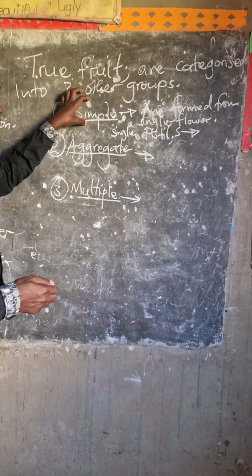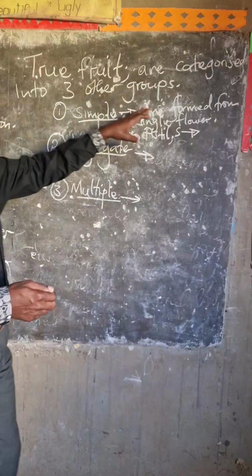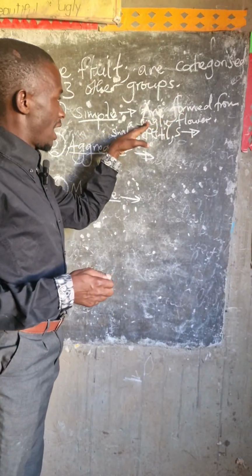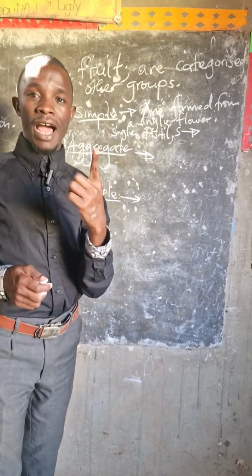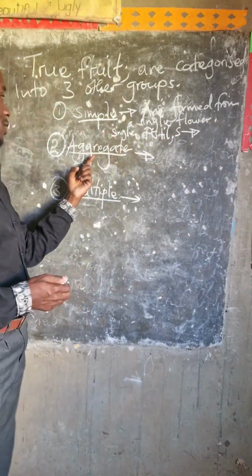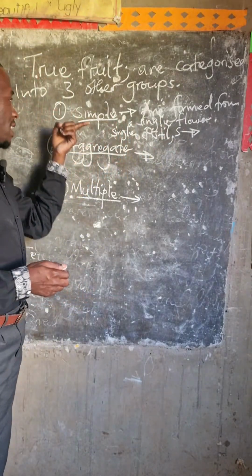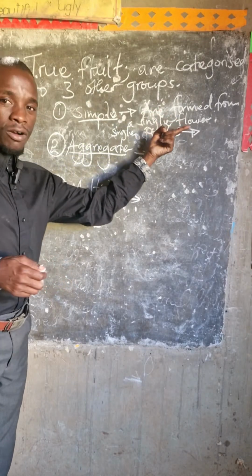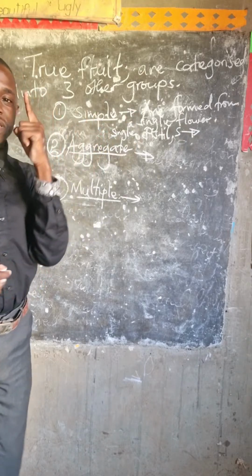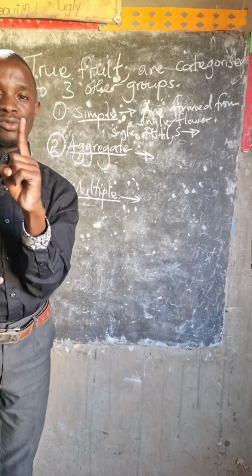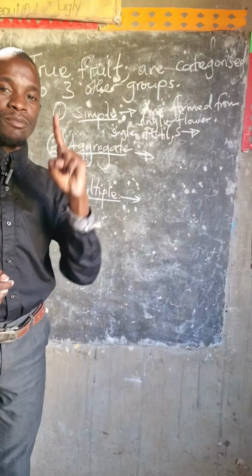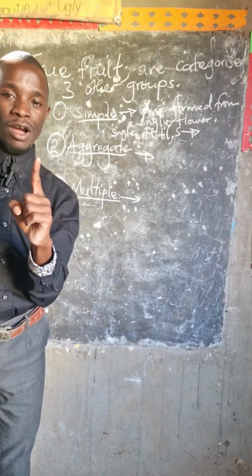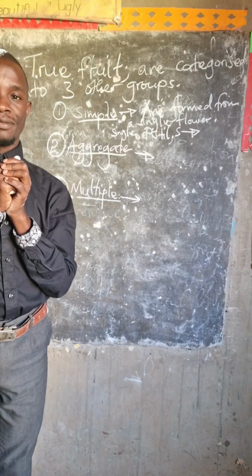So the simple fruits and the aggregate fruits are made from a single flower, one flower, that makes up these fruits. But for the simple ones, they are made of a single flower with a pistil made up of one couple, or a pistil made up of more than one couple but fused.